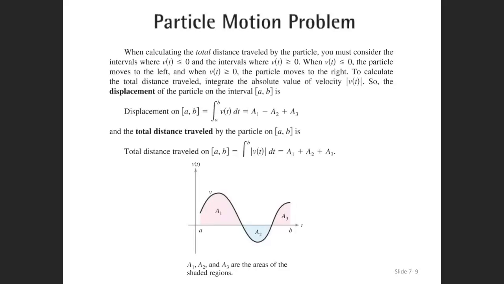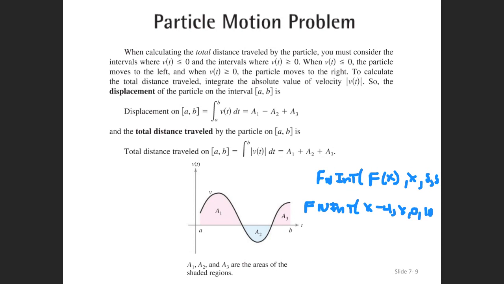So what you're going to do is you're going to put in, so what is it? fnInt, which is the integral. Then you're going to put in the function, comma, the variable you're using, comma, where do you start, comma, where do you stop? Okay. So yours would look like this: fnInt x minus 4, comma x, comma 0, comma 10, and then hit enter. What do you get?